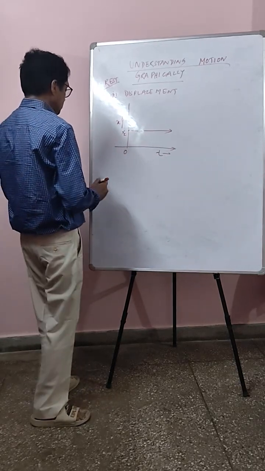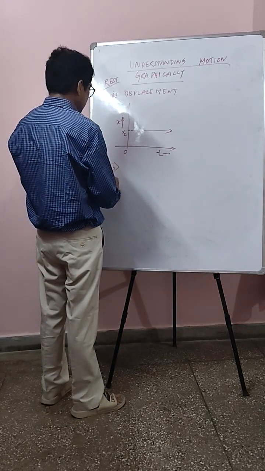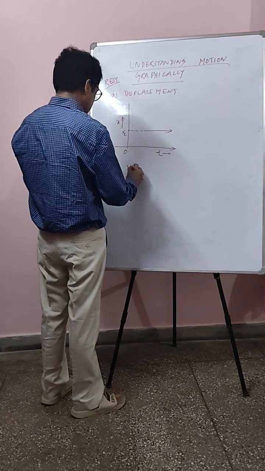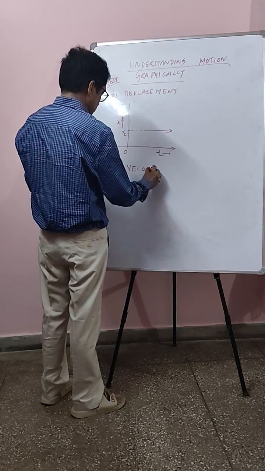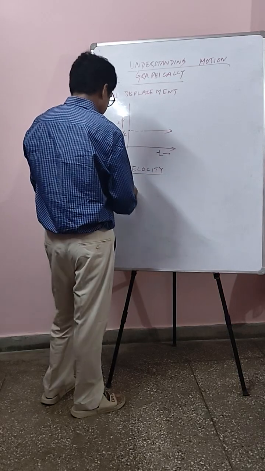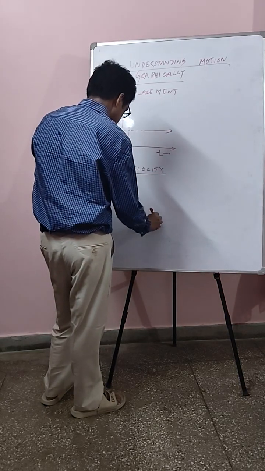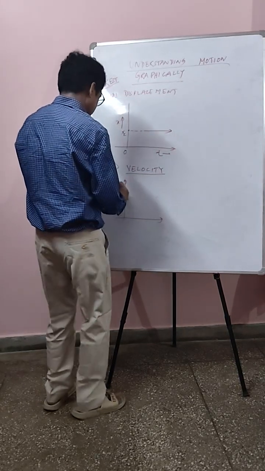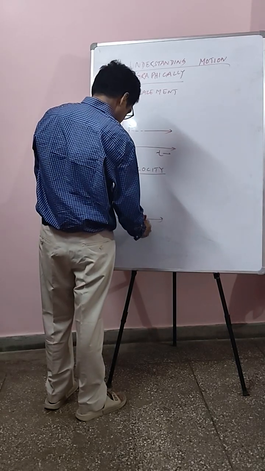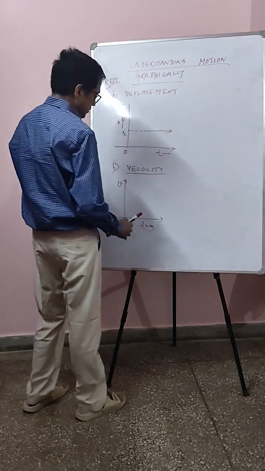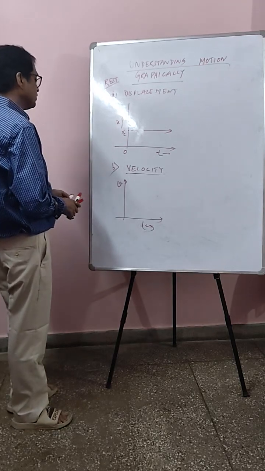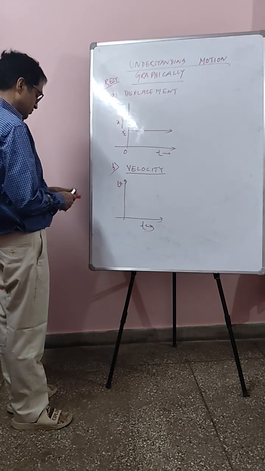Next we define graphically the velocity for rest. We take velocity V and time T. When the body is at rest, what will be the velocity? It will be 0, obviously.